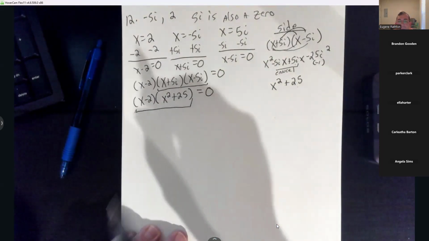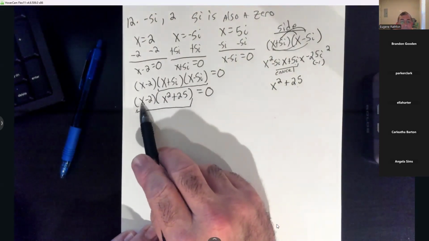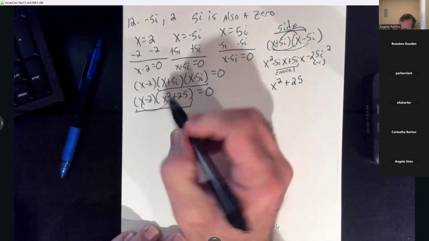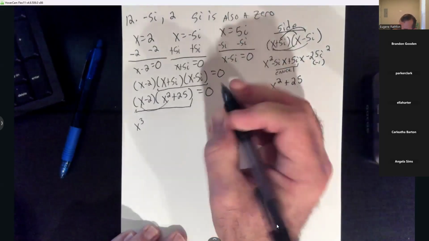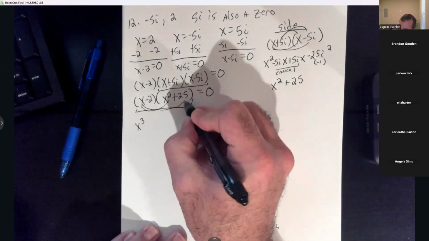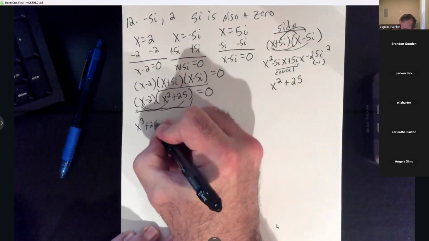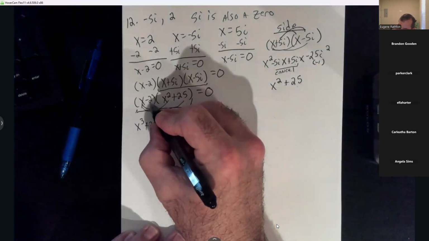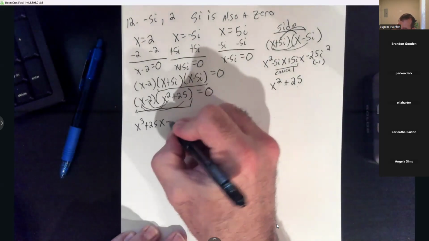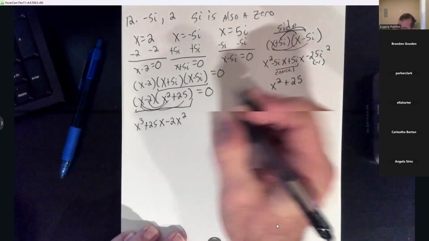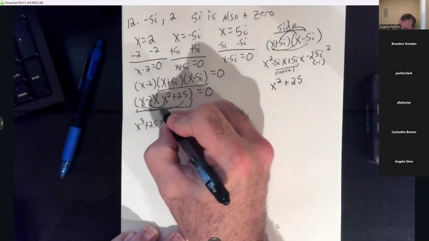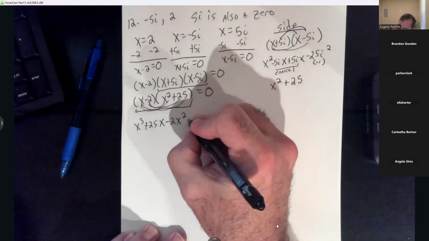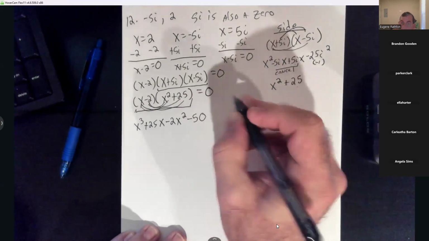And now this one, I have to write the whole thing in, I think. So x times x squared is x cubed. X times 25 is 25x. Negative 2 times x squared is a negative 2x squared. And then that negative 2 times 25 is a negative 50.